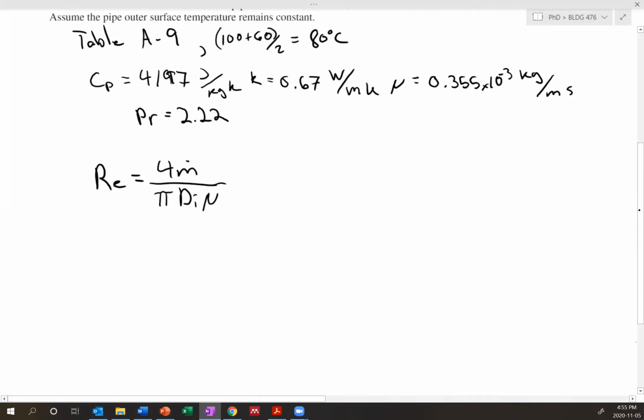So with some conversions, you'll find that this is the same equation we used last time, just in a converted form, using the things that we need. And we're given mass flow rate in the question as well as diameter, and then we just found this for our water. So we're going to get our 2150.20. This is greater than 10,000.